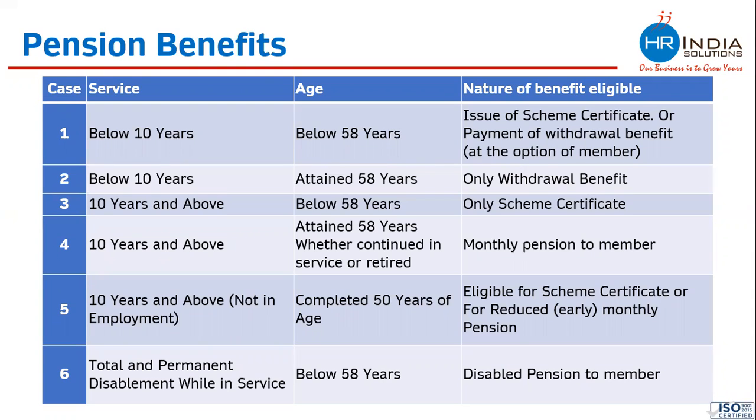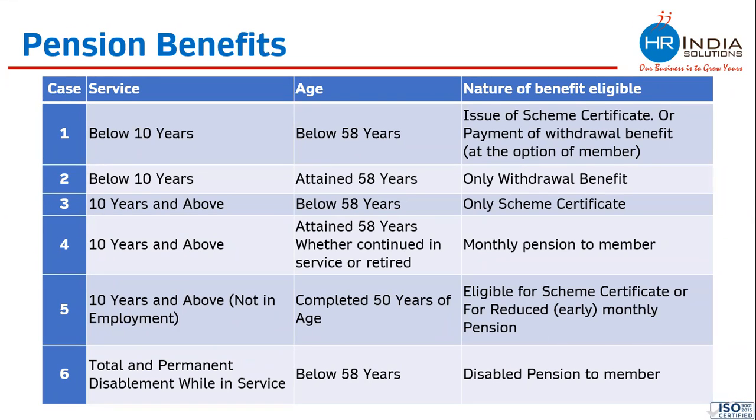If he further wants to continue working and contributing in PF, he can ask for a scheme certificate, or the person can withdraw the entire money. If the contribution is less than 10 years and age is also less than 58 years, the person can ask for a scheme certificate or payment of withdrawal benefit. The person can withdraw the entire money.